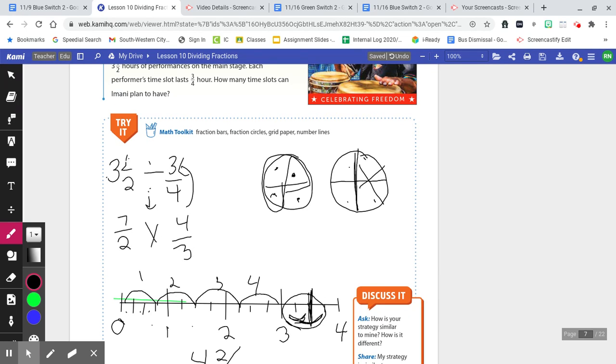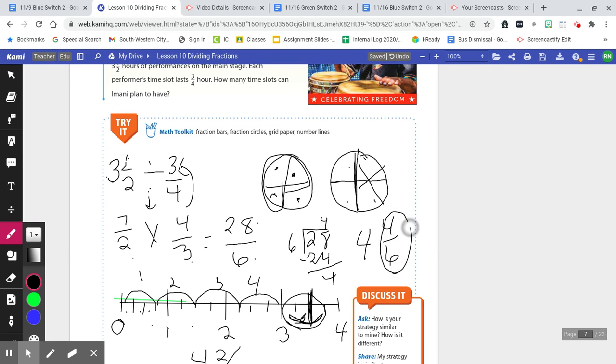Now I just multiply across. 7 times 4 equals 28. 2 times 3 is 6. 28 divided by 6. Well, 6 times 4 is 24. So 28 divided by 6 is going to be 4 and 4/6. Simplify that. I get 4 2/3. Keep, change, flip. You're going to hear that a lot.